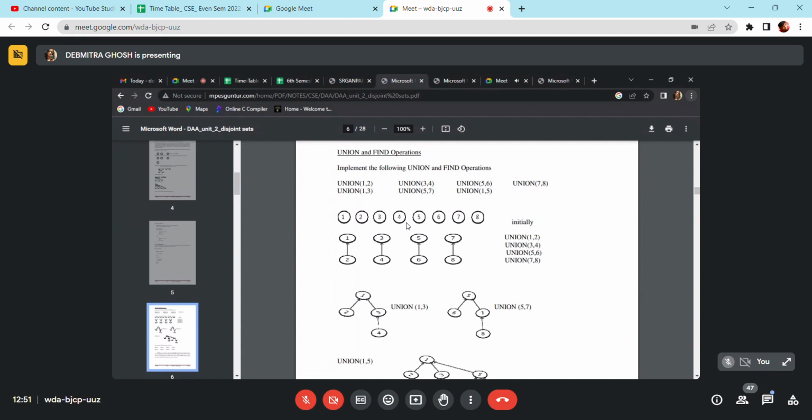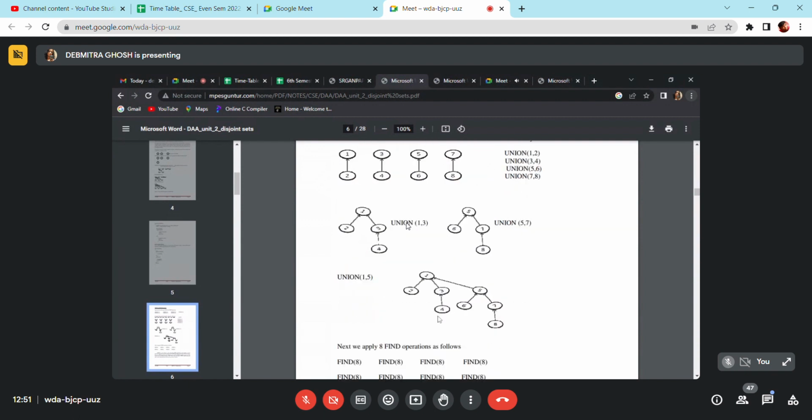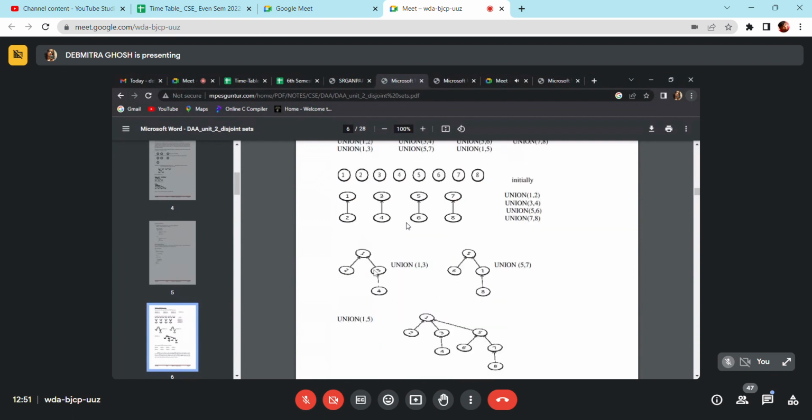Then another one, union of 3 and 4, 5 and 7. So here we get another 5, 6, 7, 8. This is the union of again two sets. Third is union of 1 and 5.